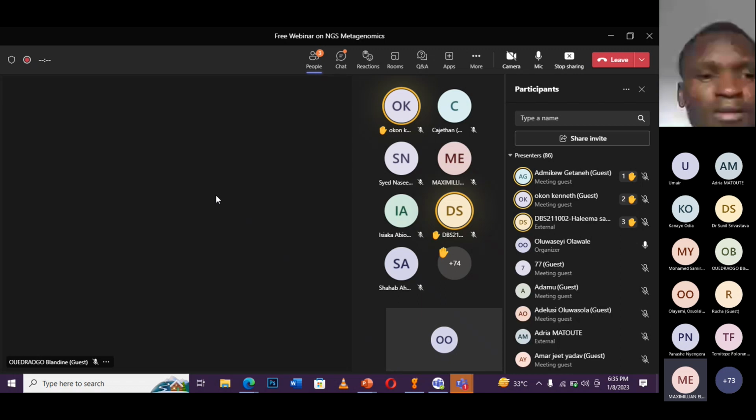Whole genome sequence at times is even costlier than a metagenomic sample. In Nigeria presently, you can do shotgun metagenomics sequencing for like 150,000 naira or 200,000 naira at Inkaba. And there are some levels of whole genome sequencing that are even more costly.